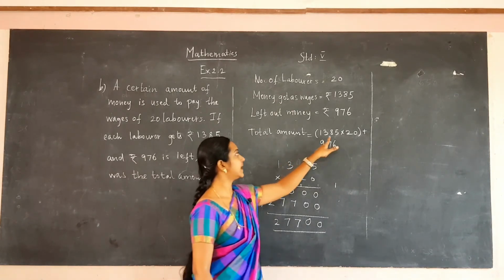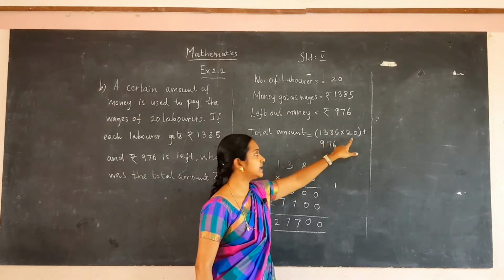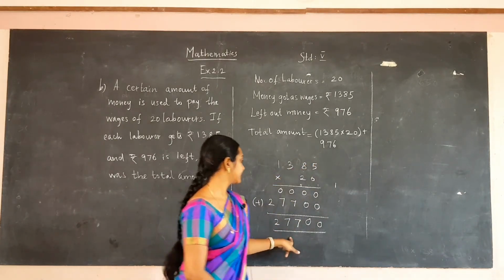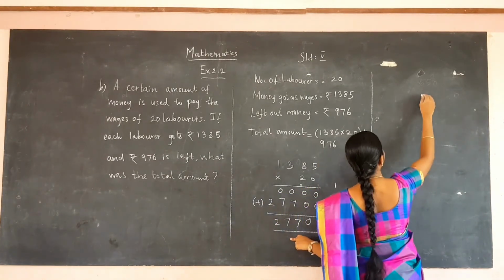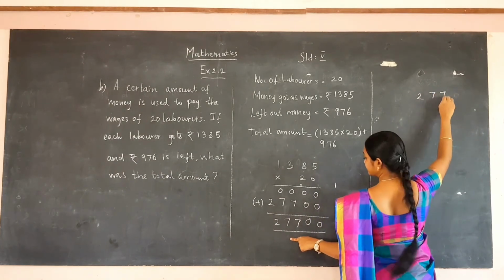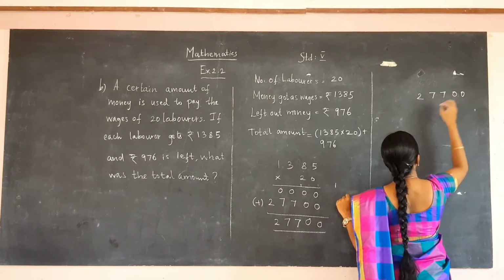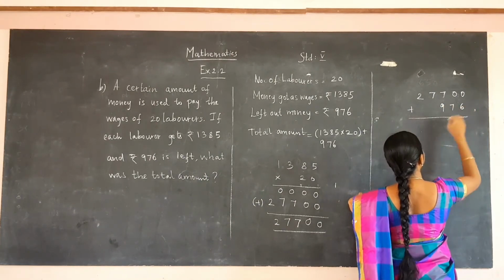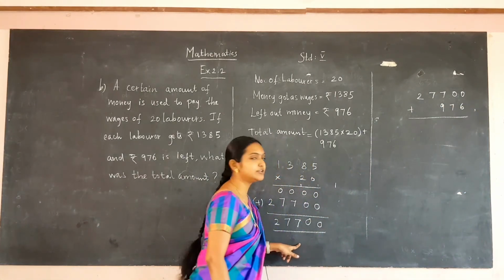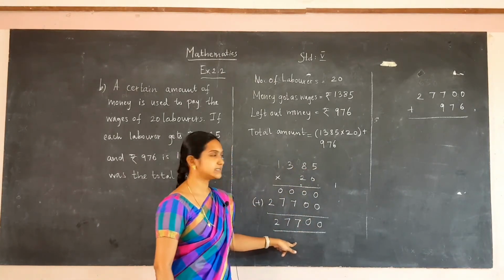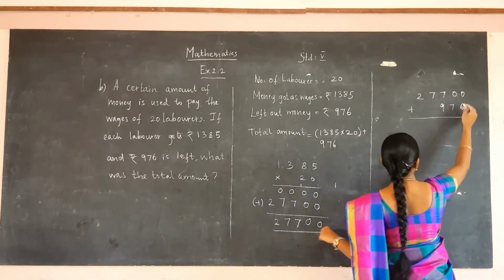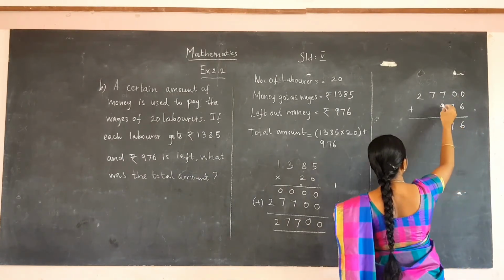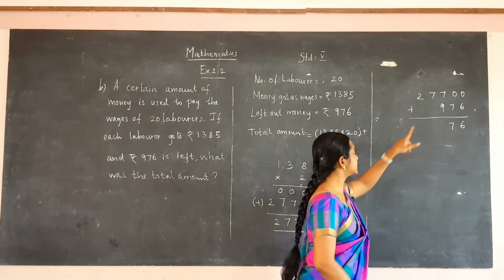Now we have multiplied 1385 and 20. We have to add 976 to the answer. 0 plus 6 will be 6. 0 plus 7 will be 7. And we add 7 and 9.